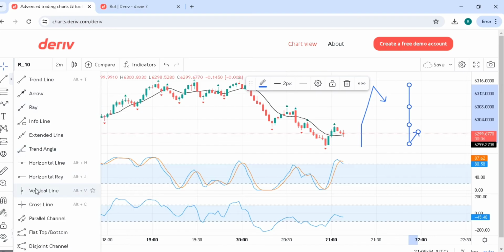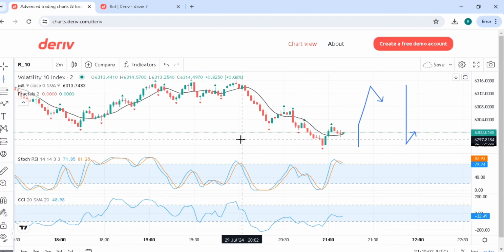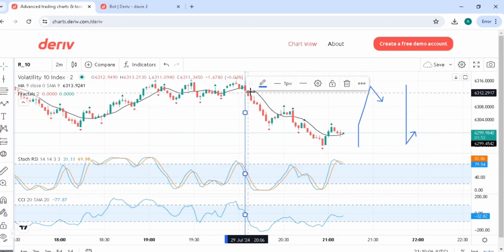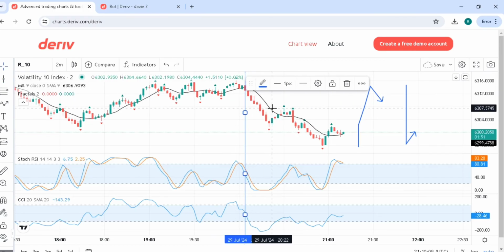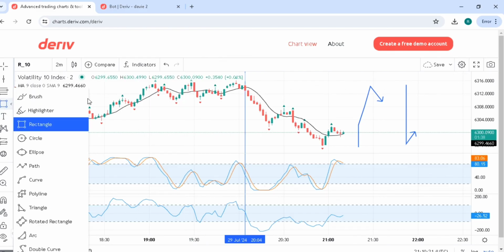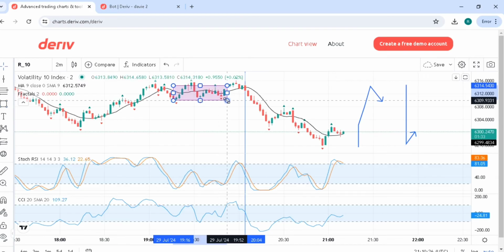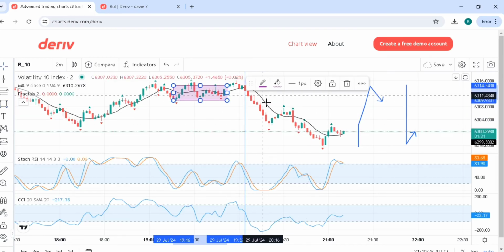Using this, let me mark this region, like this one. See this? So this one shows that this moving average is very steep, and if you compare that to this region, you discover that this part is steeper than this.